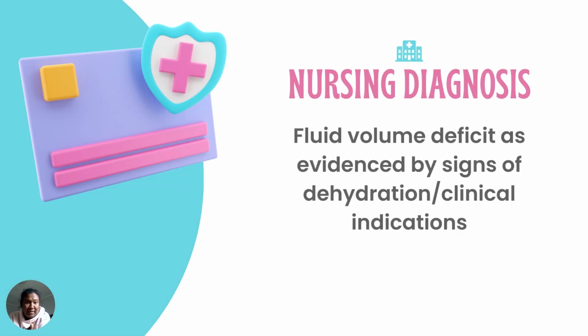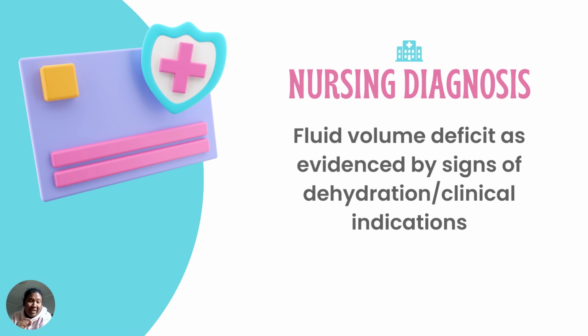In the nursing diagnosis, based on those data and assessments that I've done, I have formulated the nursing diagnosis, which is fluid volume deficit as evidenced by, in the place of signs of dehydration, I would replace them with any abnormalities that I have found.